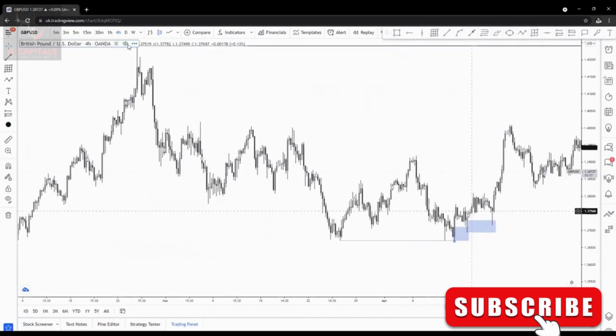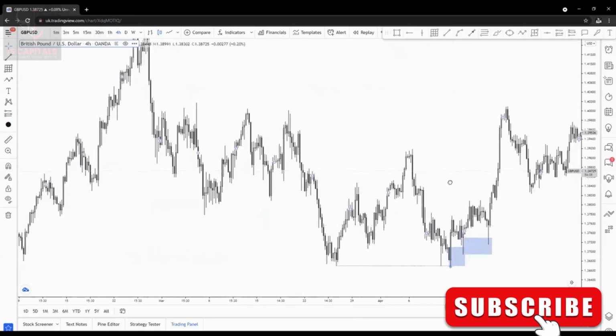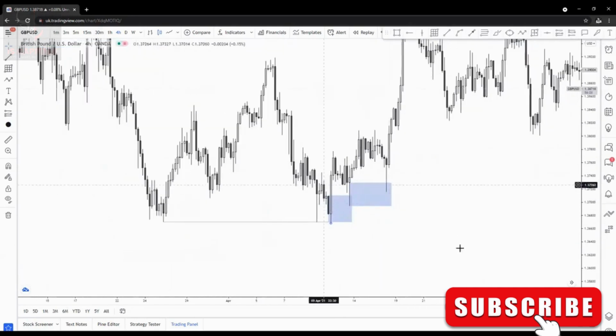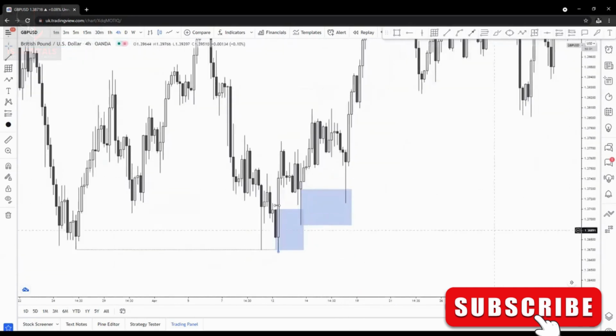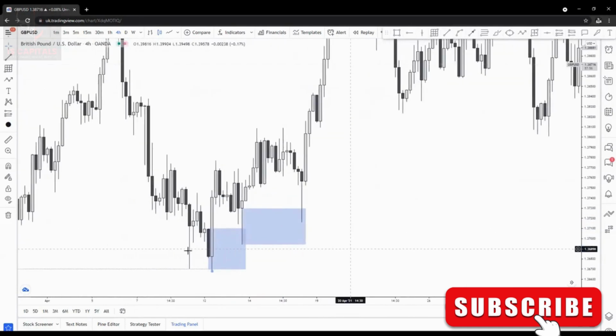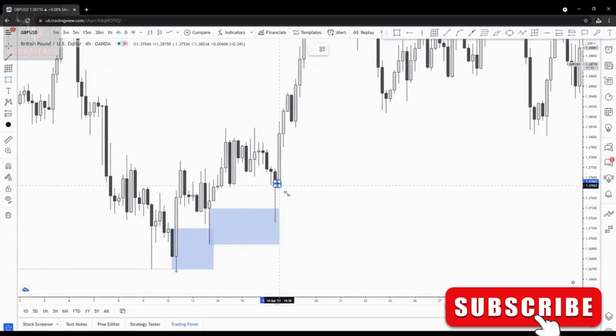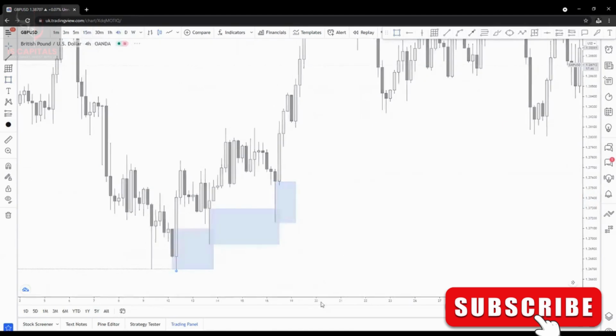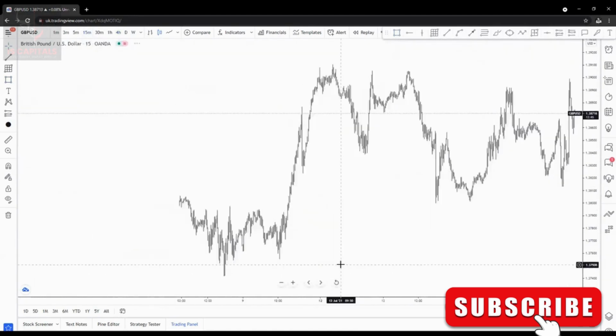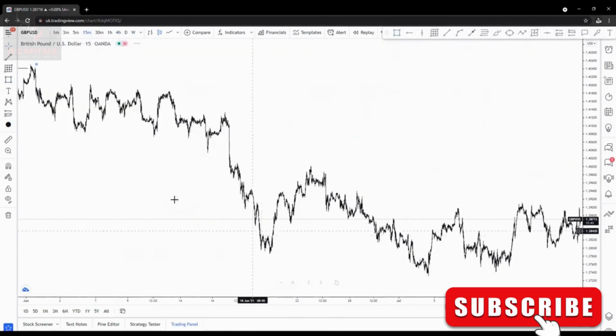Let's look at the same thing. Say we're looking at this long wick. Now this is the 4-hour time frame. If we go back down to a 15-minute, this is what we could see.